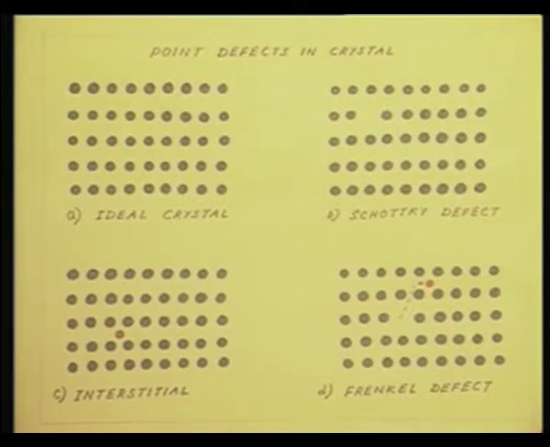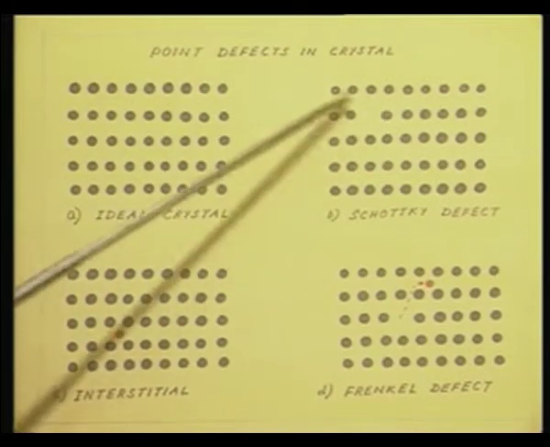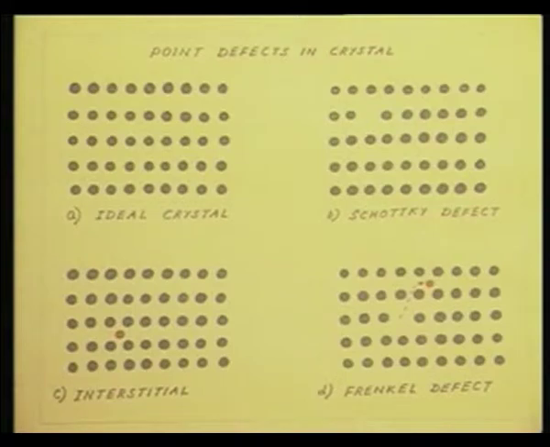You need to expend some energy in order to break these 4 bonds. The order of this energy will be about 1 to 2 electron volts, a fairly small energy which can be supplied to the crystal very easily, and therefore, a normal practical crystal will have vacancies present in it.